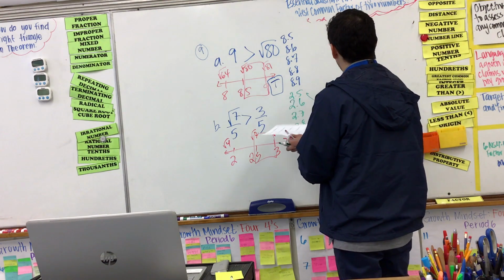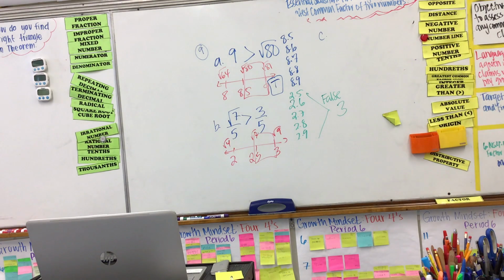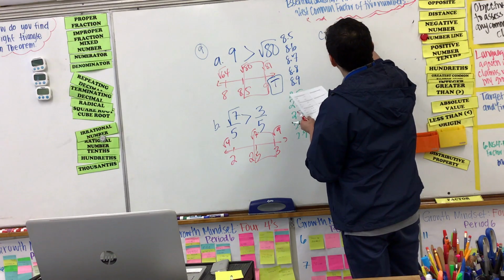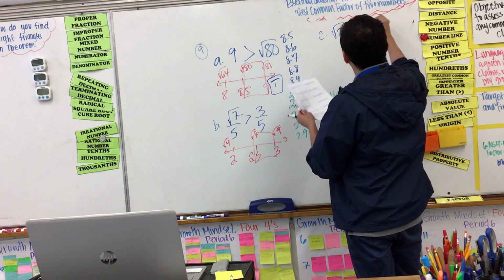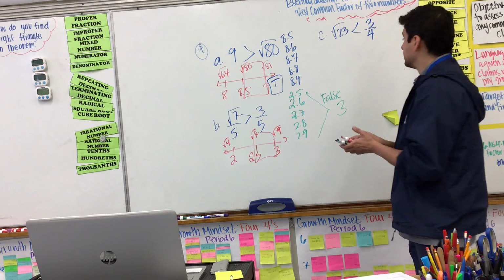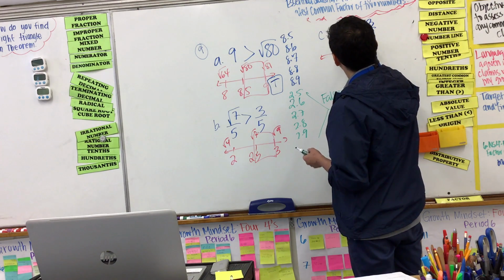Letter C. Let me see if this one comes out on the thing. Yeah, you can see it. Okay. You have the square root of 23 is less than 3/4. Well, I'm going to do the square root of 23. Square root of 23 is right here.